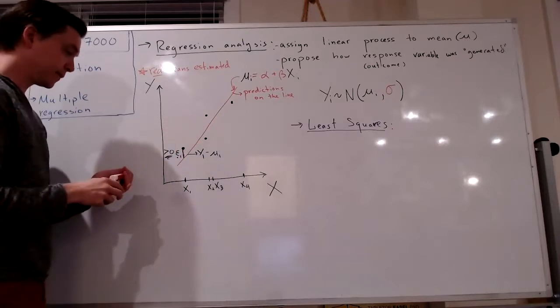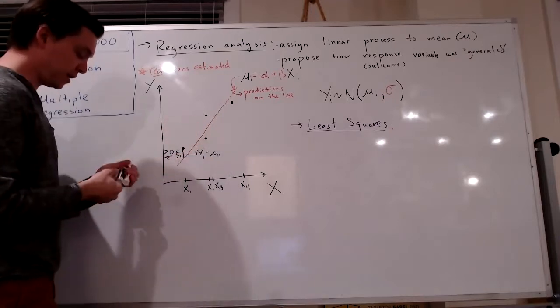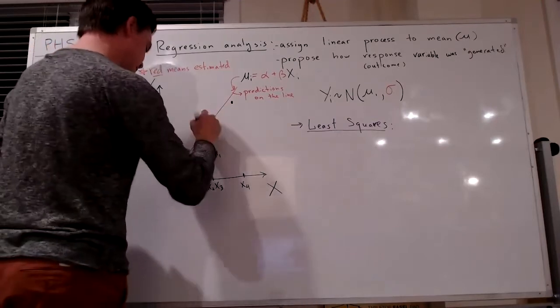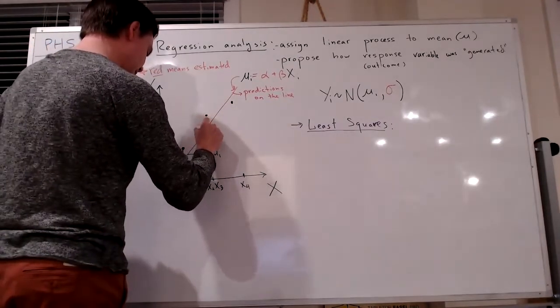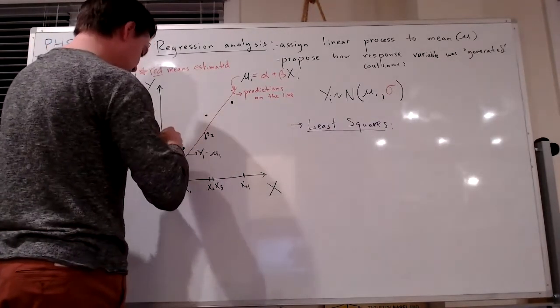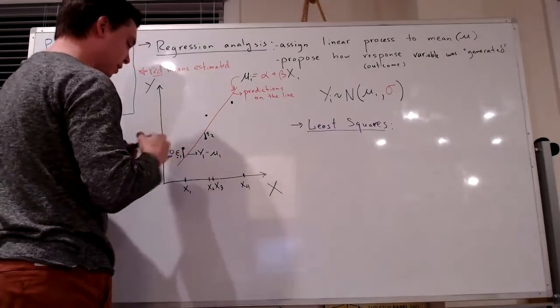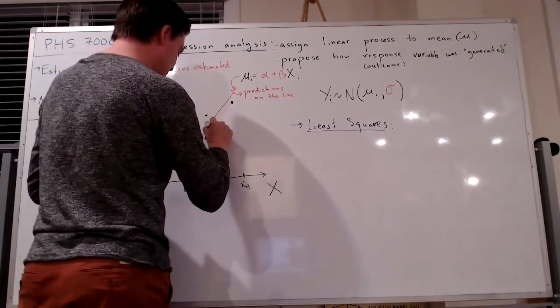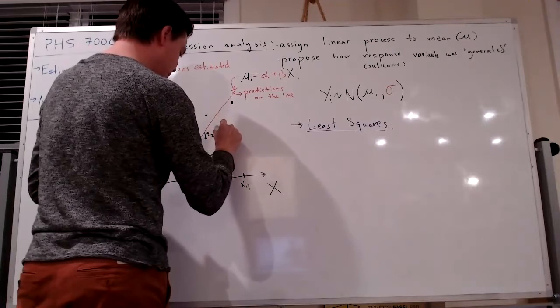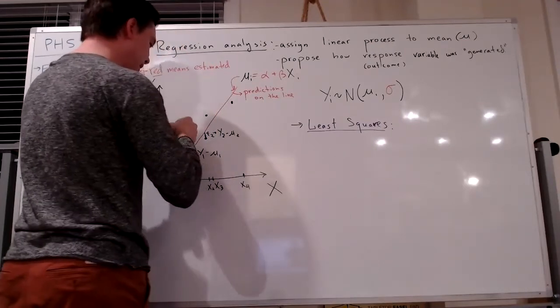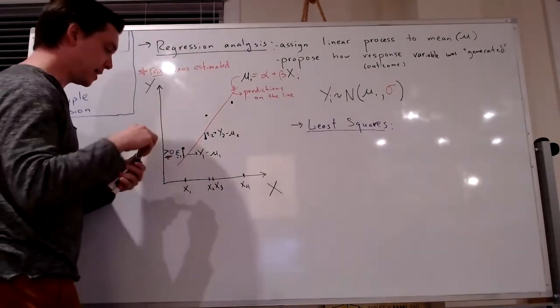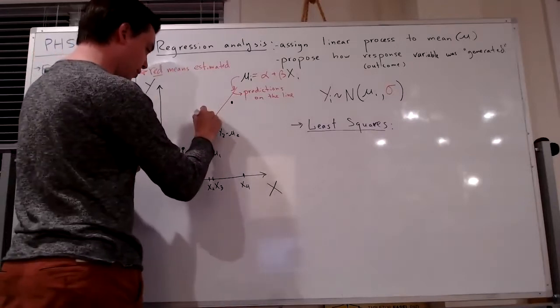Moving right along, we have overestimated this next point. Here is the second error, or we can also write it just like this, y2 minus mu2, and you can sort of see where we're going with this.